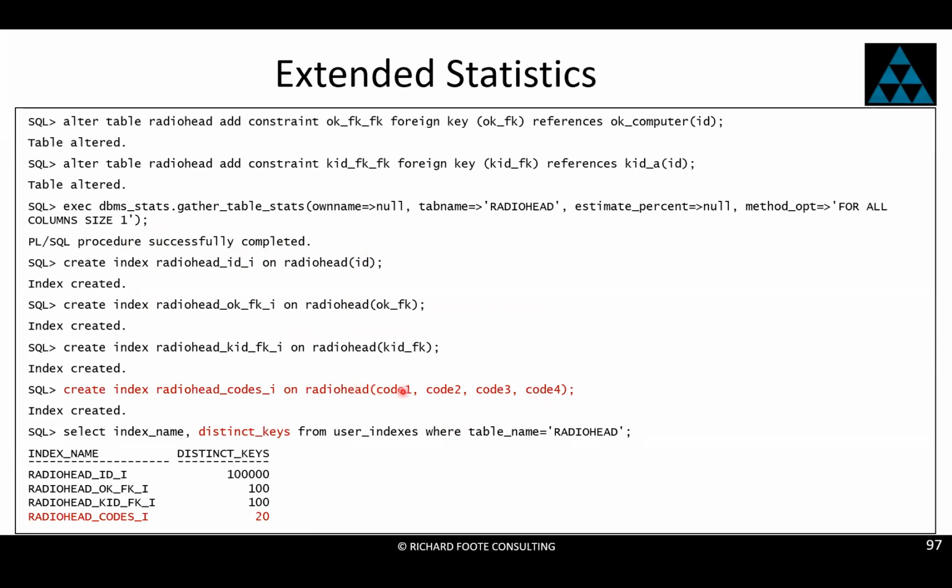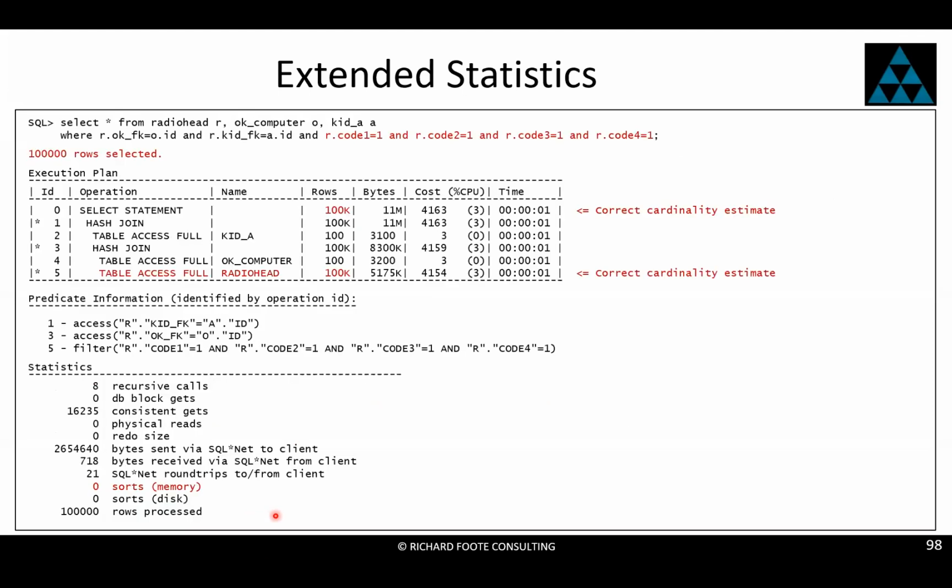Because I'm going to run a query with predicates on those 4 columns, and I want an index on those 4 columns. And because I've got an index on those 4 columns, Oracle knows how many distinct keys you've got, because that is one of the statistics that we get. It says you've got 20 distinct keys. So even though there could be 160,000 possible keys, Oracle knows that you've only got 20 of them.